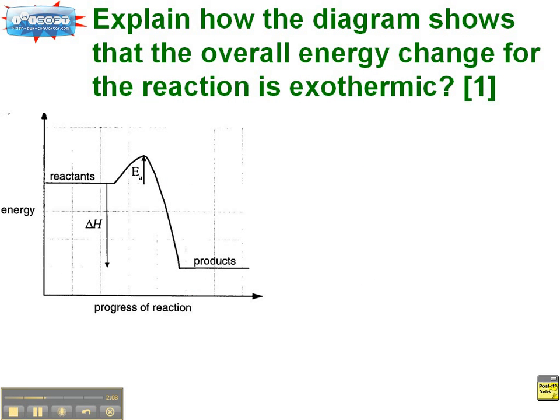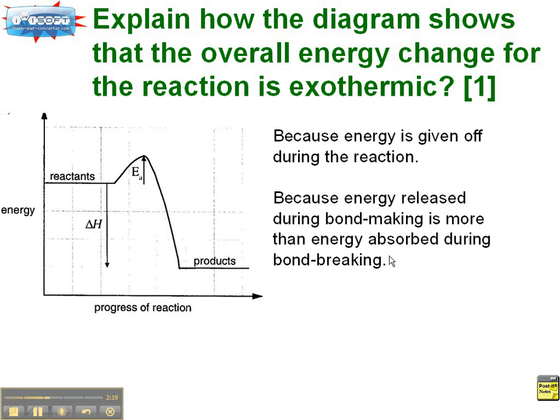Explain how the diagram shows that the overall energy change for the reaction is exothermic. Explain how the diagram show, this diagram show. Okay, and a lot of people will say, oh, because energy is given off during the reaction. You can't tell from this diagram.